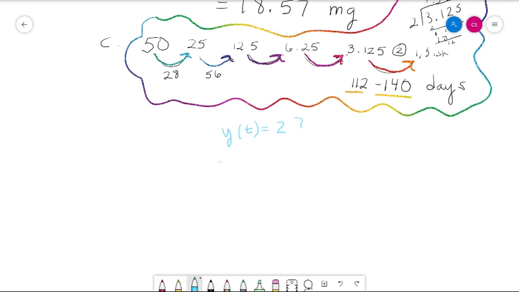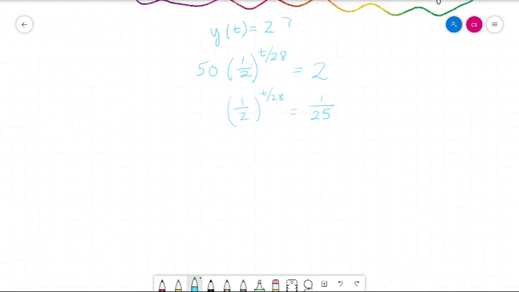Okay, so we have 50 times 1/2 to the t divided by 28 is equal to 2. And now this is just another exponential equation to solve. So we isolate the exponential. So divide both sides by 50. 2 over 50 is like 1 over 25.